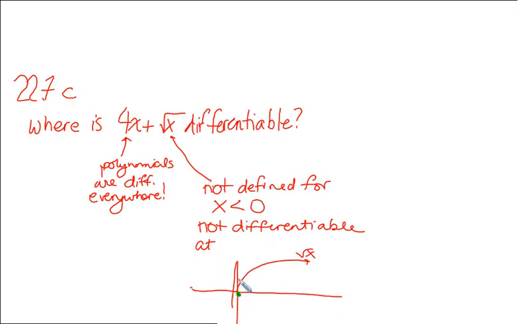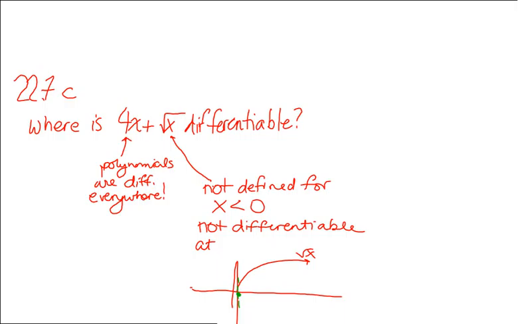When we looked at the slope of the tangent line, or the instantaneous rate of change there, we had a problem because that slope ends up being infinity, right? Or really doesn't exist when we take the limit.